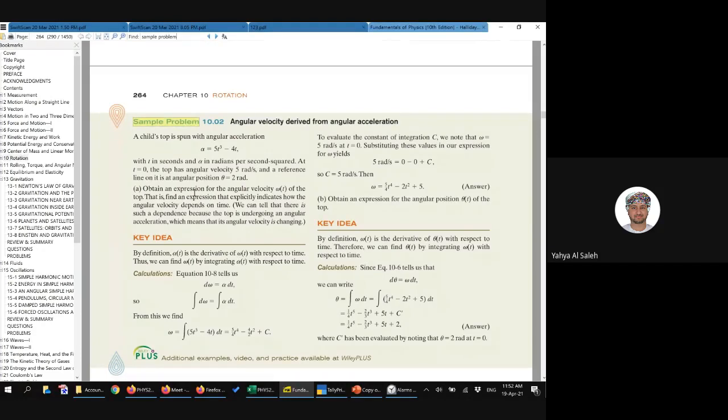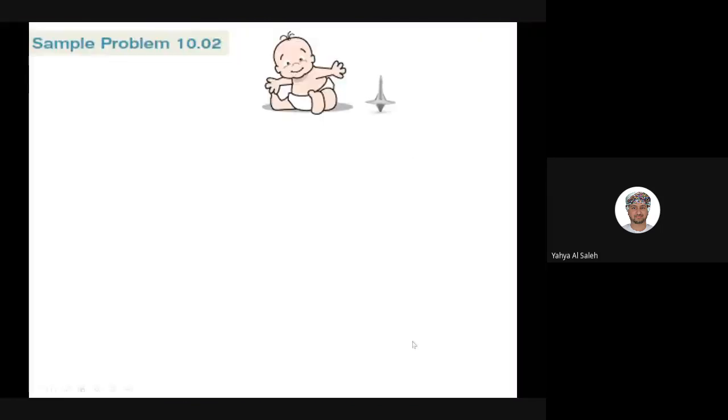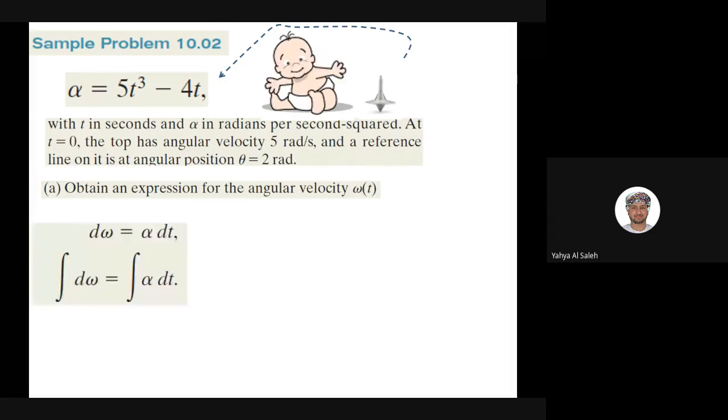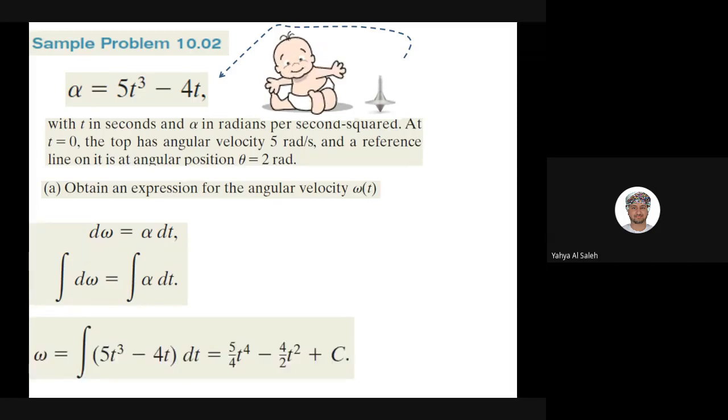Well, if the question gives us that alpha is 5t cubed minus 4t, then omega is one step back, so we integrate, and we end up with 5t to the 4 over 4 minus 4t squared over 2 plus a constant.